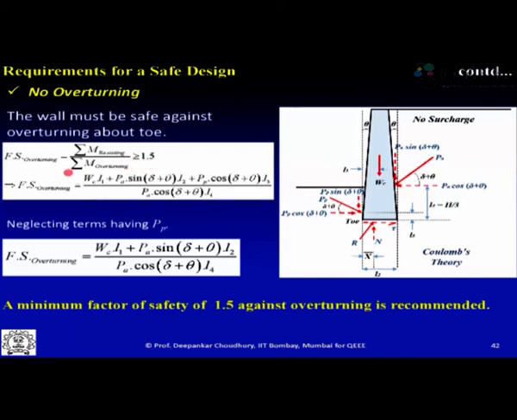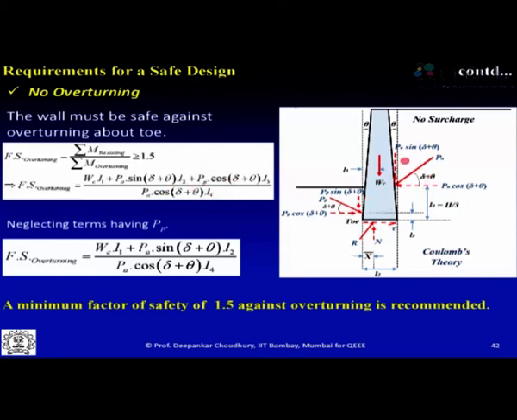So 1.5 is the minimum factor of safety for overturning also that we should ensure. And when you are doing that, take all the possible forces which are involved, and again I want to mention that don't consider this zone of PP acting over here, though some books or some slides mention it like this, but for practical design we ignore this component.